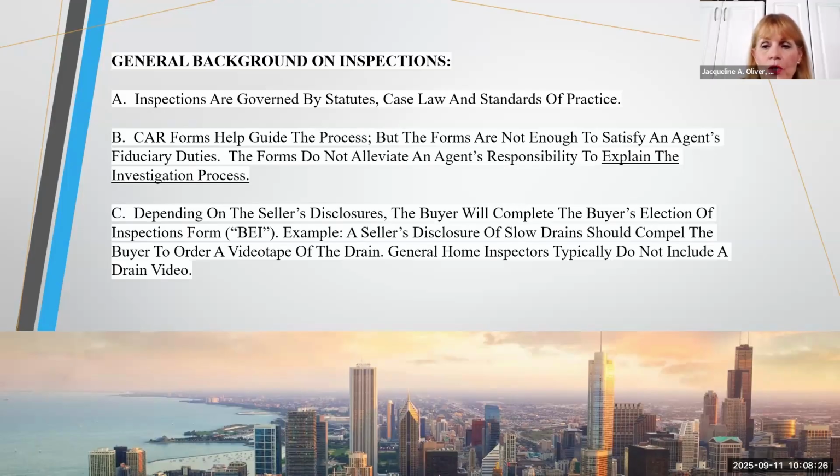So that's what you would want to do. You want to go through the inspection with them, or the transfer disclosure with them, and then you'll know what to inspect for.